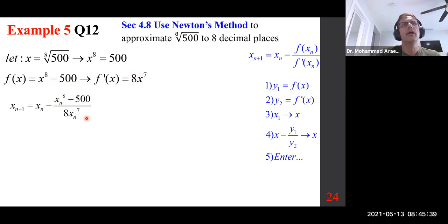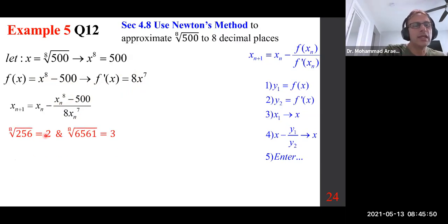And now let's do one. You can do, and you should do one by hand. Where do you begin? If they give you the first point, so be it. If not, you have to do it on your own. Notice that 2 to the power of 8 is 256, 3 to the power of 8 is 6,561. You start either somewhere in between or even number 2, because we are going to go with the programming. It is doable, so it's not a problem.